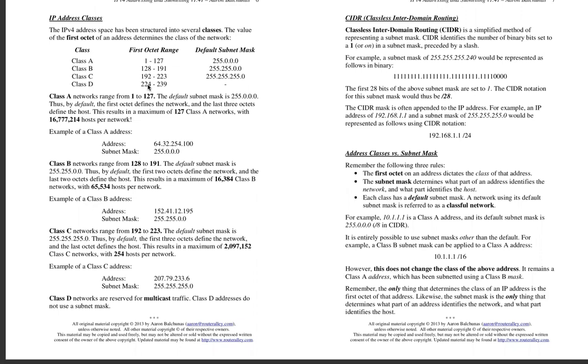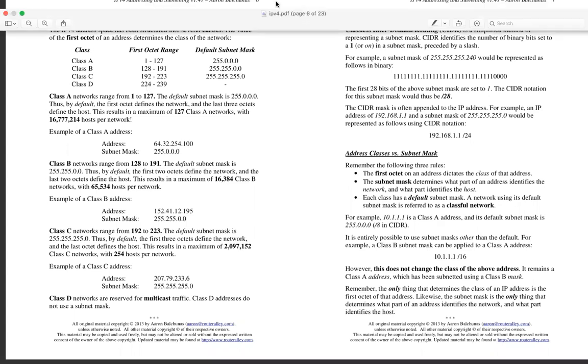It falls under class A. From 128 to 191 falls under class B. From 192 to 223, class C, and from 224 to 239, class D. We will dive inside.